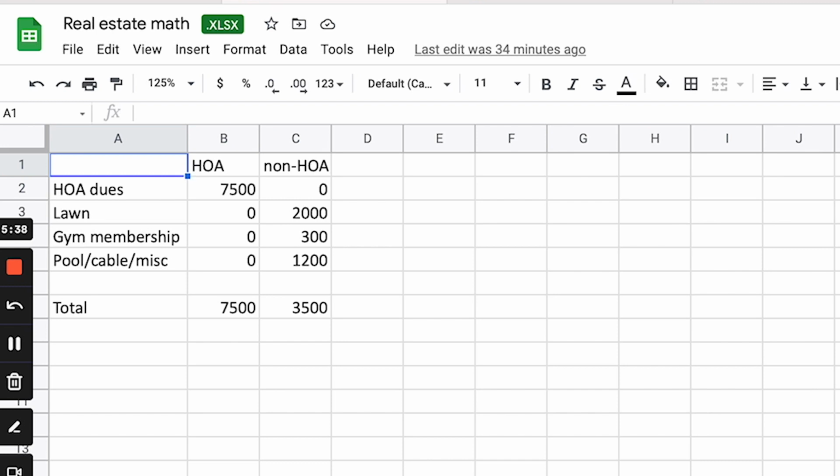But just in a very rough sense, thinking about the numbers, it's one thing to know that you have these dues of $7,500 a year in an HOA community, but just some basic calculations. It's not quite $7,500 to zero when you start to factor in the things that you have to pay for in that non-HOA community, in terms of your maintenance, in terms of your amenities that you're not getting.